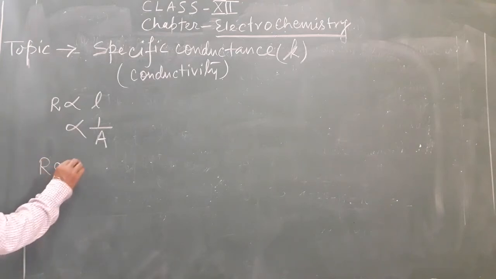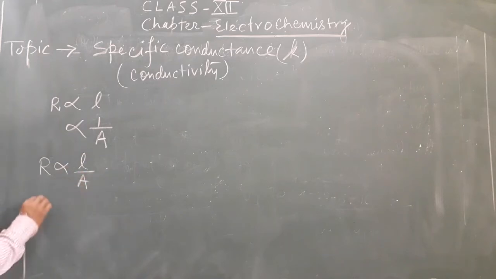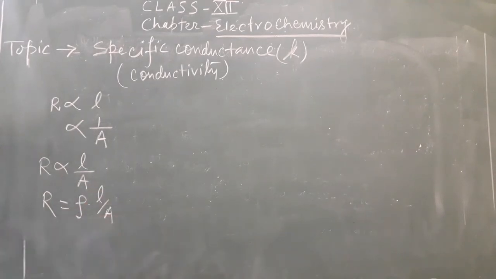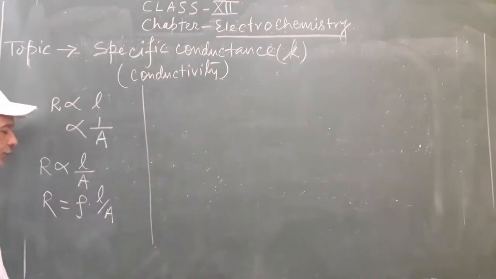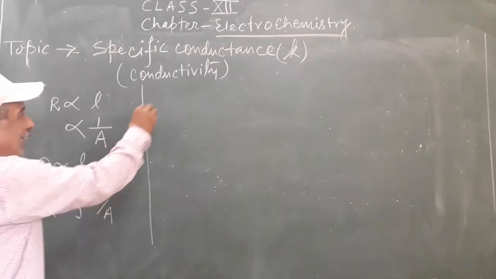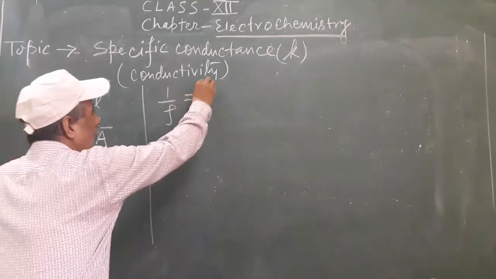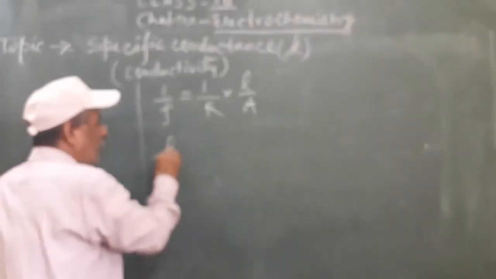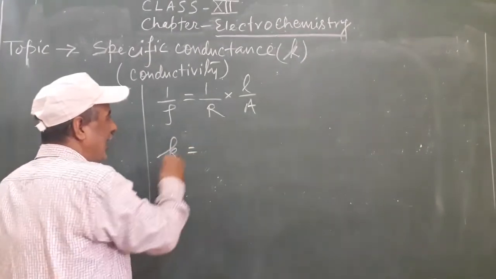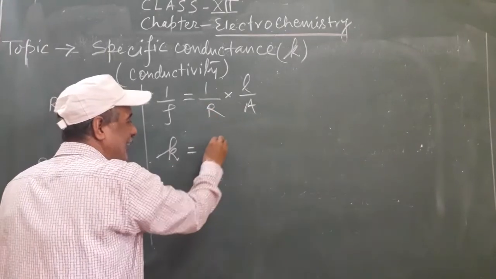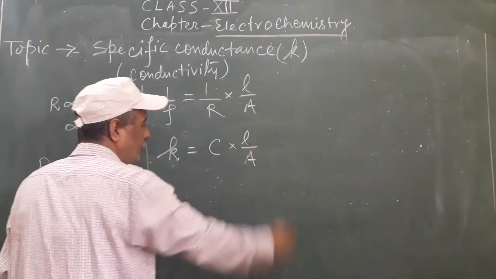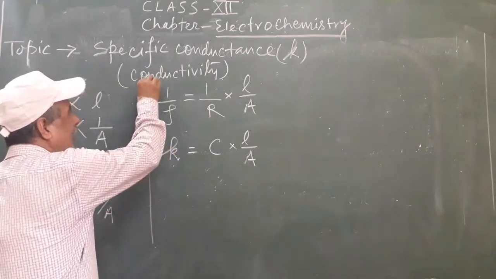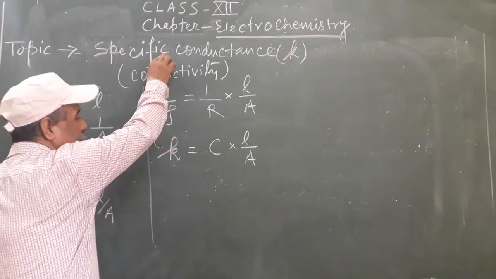So R is proportional to L upon A, or this R is equal to a proportionality constant rho into L upon A. Or you can write it like this: 1 upon rho is equal to 1 upon R into L upon A. This 1 upon rho is called K or kappa, and this reciprocal of resistance is conductance C, so K equals C into L upon A. Students, this K is conductivity or a specific conductance.